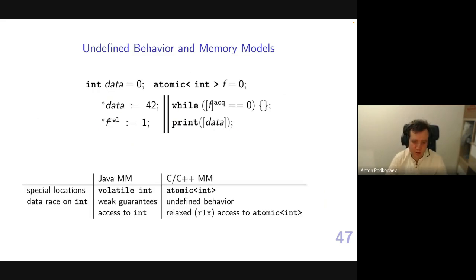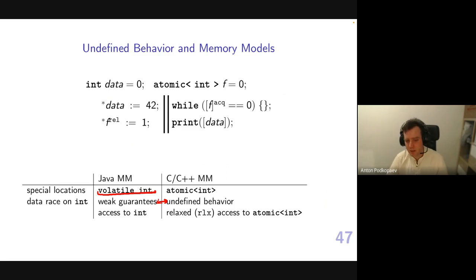In the Java memory model, there is also a special tag which we already discussed, volatile, for similar situations. The difference with C++, as we discussed, is that in the Java memory model you get some weak guarantees, in the sense that many outcomes are allowed.